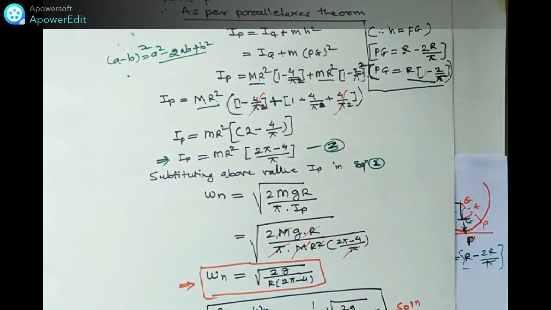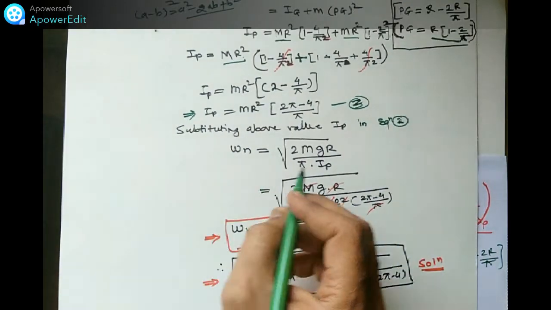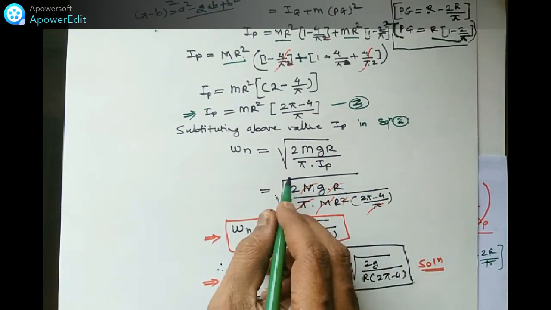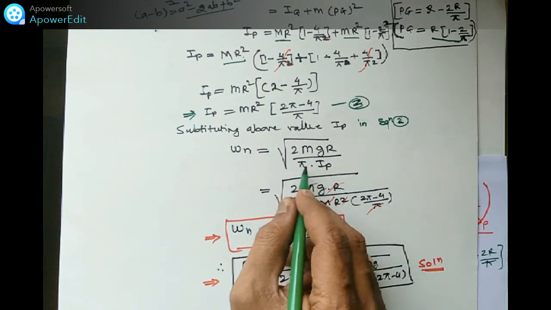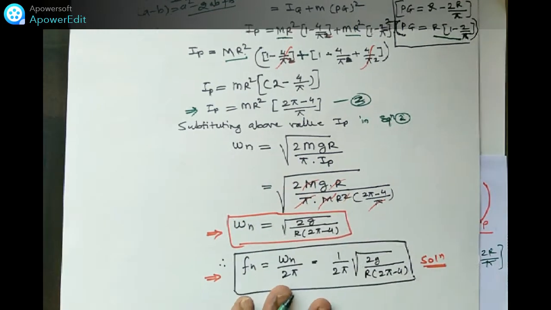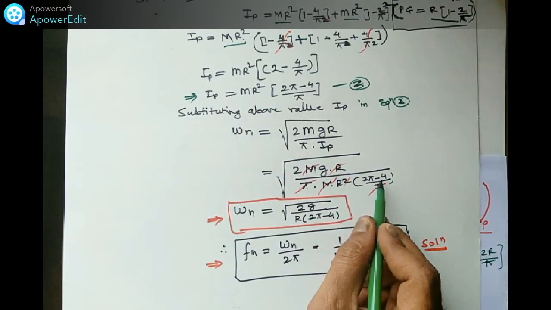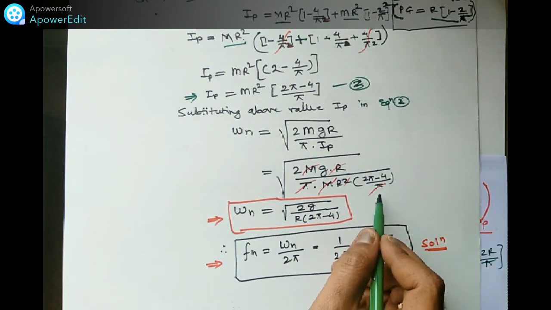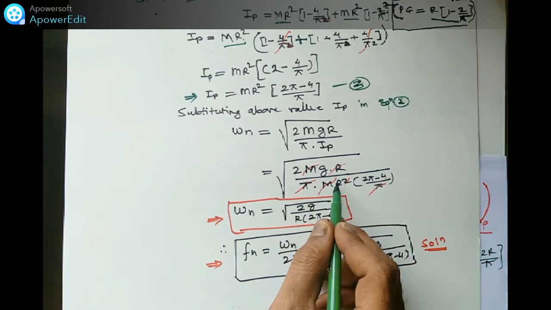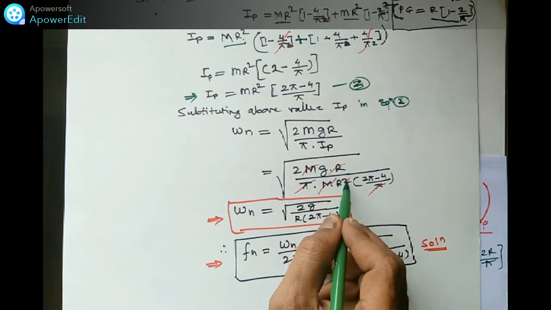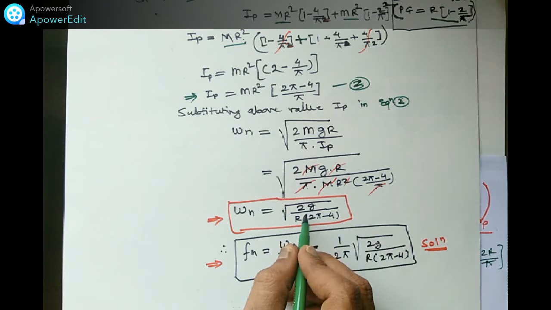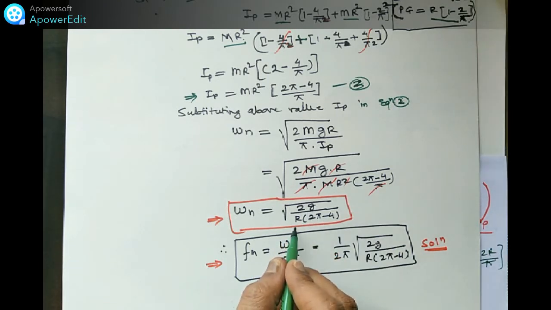I have written the formula 2mgr upon pi by Ip. Putting this value of Ip, mr square, 2 pi minus 4 by pi, the pi gets cancelled, m gets cancelled, and one r gets cancelled. The remaining is 2g upon r inside the bracket 2 pi minus 4.